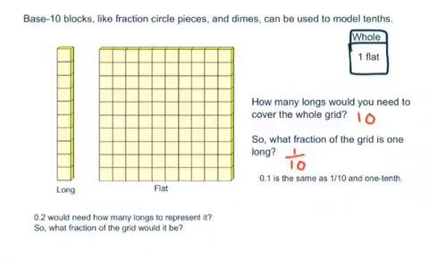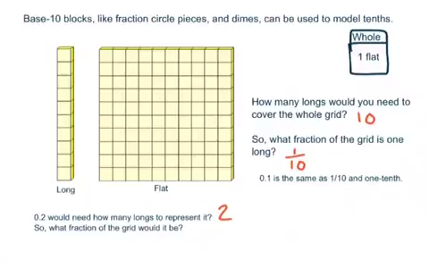So if you do get that, let's look down here. 0.2 then would need how many longs to represent it? We'll use this to help you if you need it. How many longs would it take to represent that? Hopefully you would see it's 2.